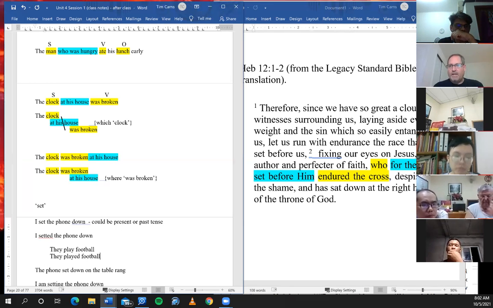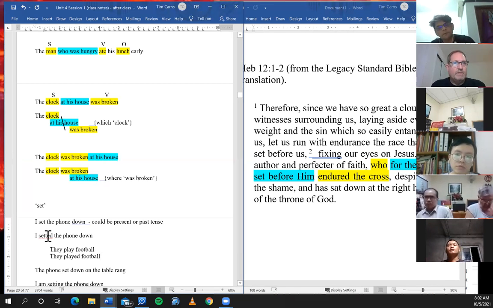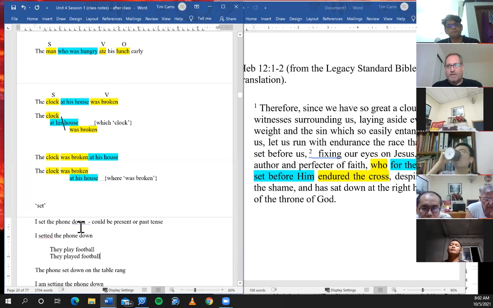That's normally how it is in English. Well, in this case, setted is not, for whatever reason in the language, it didn't evolve that way. So in English, the word set can be present or past tense, depending on the context. Or it could be a participle, spelled the same way.